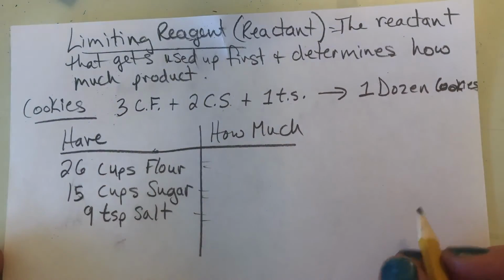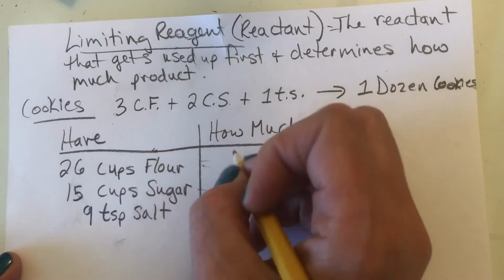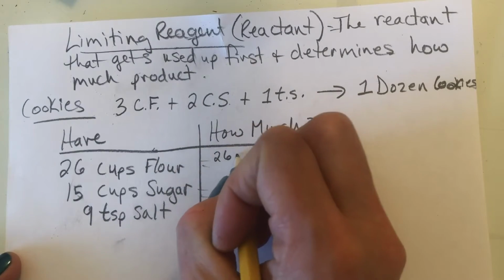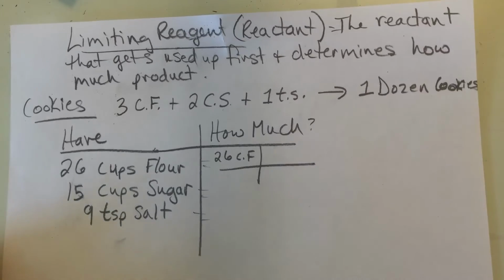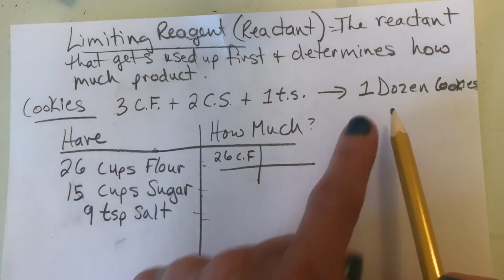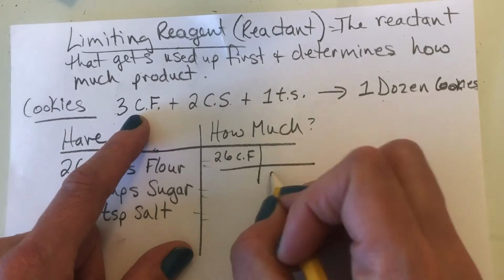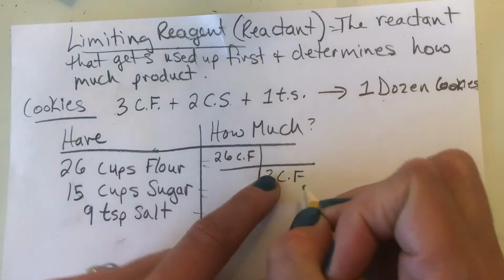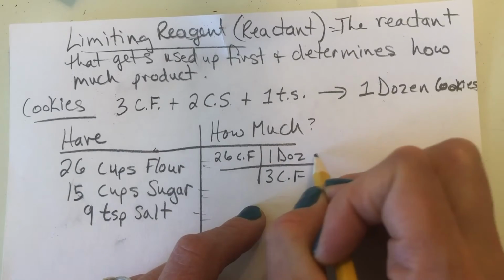So how do we do that? Start with what you have: 26 cups of flour. Then multiply by the ratio of how many dozen cookies you're going to be able to produce versus how many cups of flour you're going to need. We're going to need 3 cups of flour, those are in the same units, cups of flour, and we're going to make 1 dozen cookies.